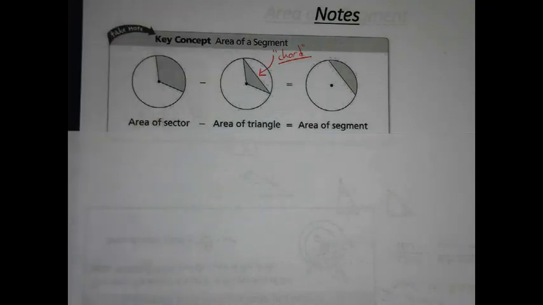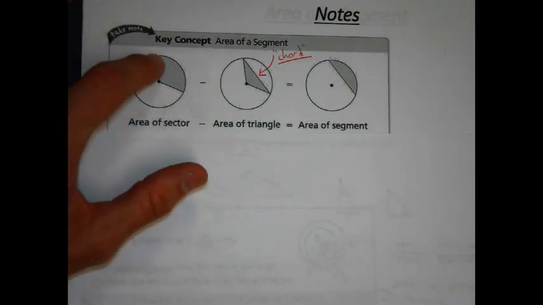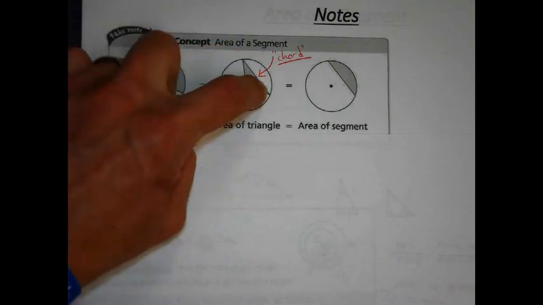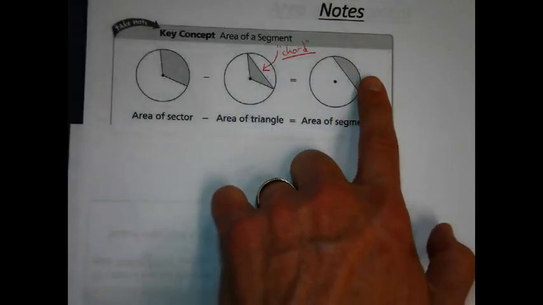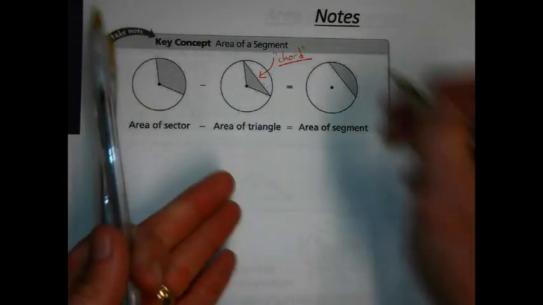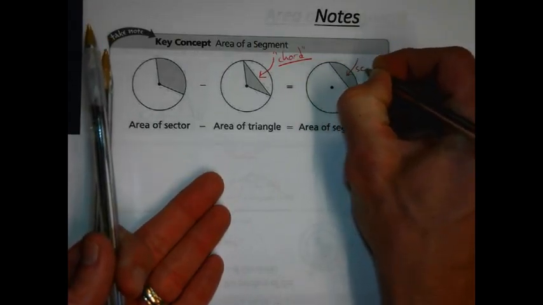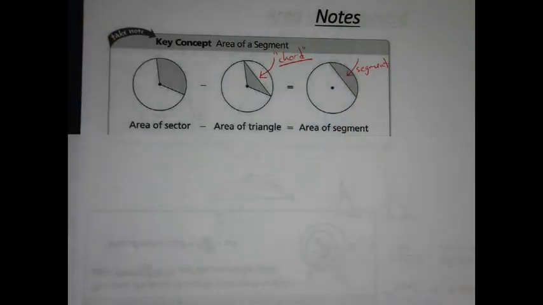So when we're talking about area, we can have the area of a sector, and we can have a chord that exists, and then we can find the area of a segment. So this is our segment. We can find that area using an addition postulate, but with subtraction.